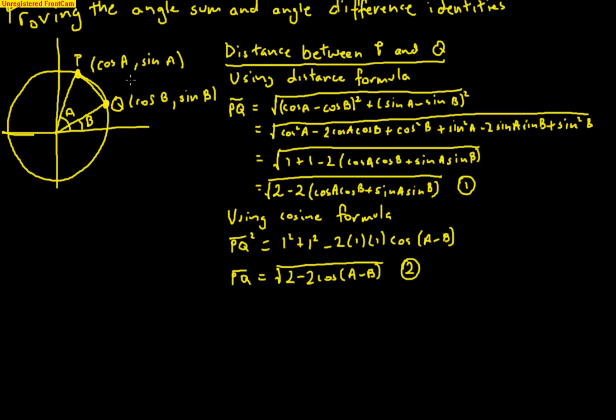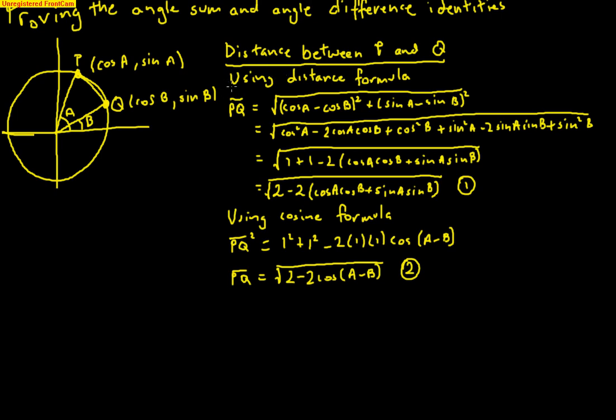Now, we're using this as a basis for our proof to show that cos of A take B is equal to something which I'll get to in a moment. So that would be the difference in our angles. Starting with the distance of PQ, I'm going to find this in two different ways.